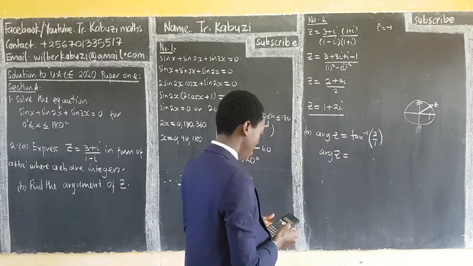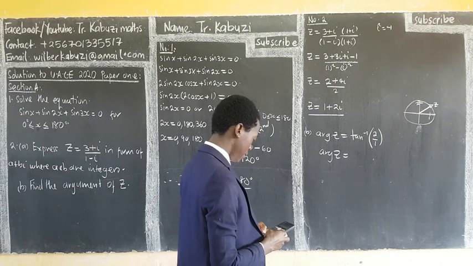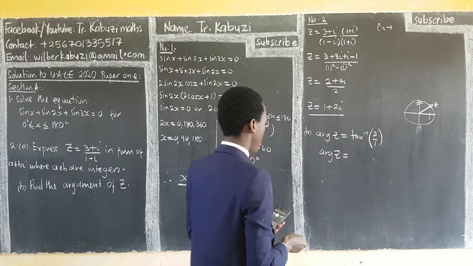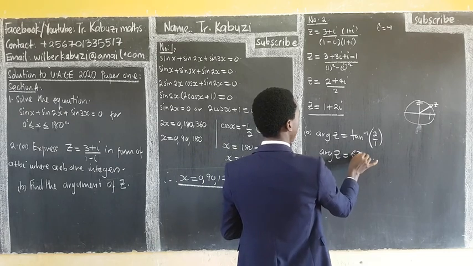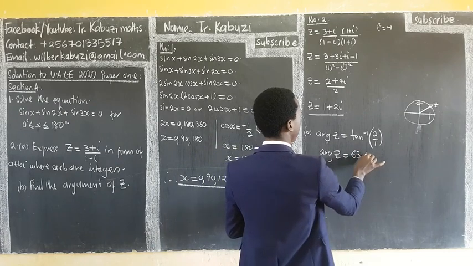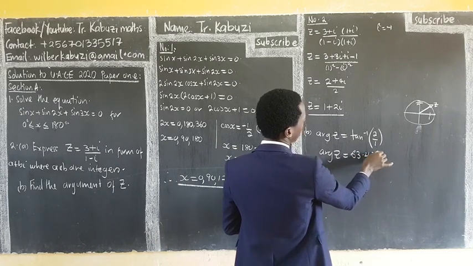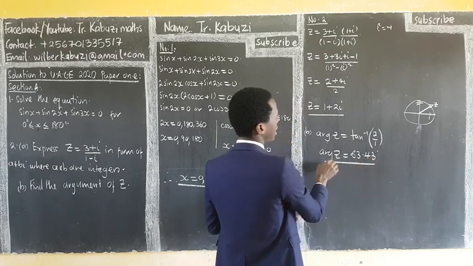So tan inverse of that, here I'm getting 63.43. So that is the argument of z.